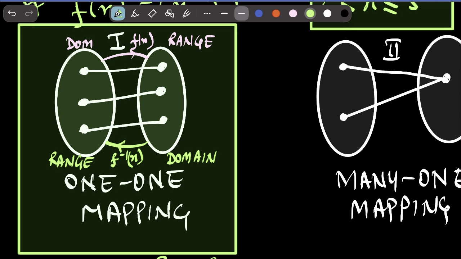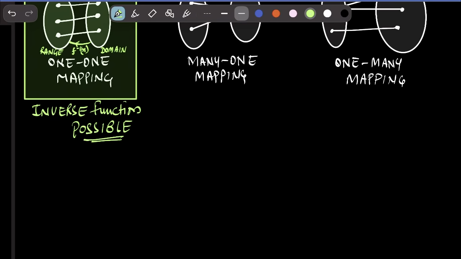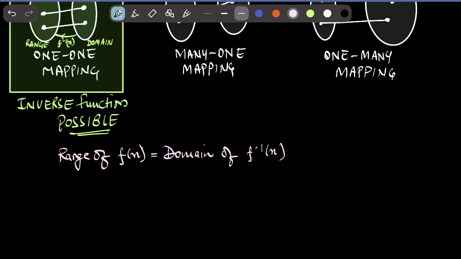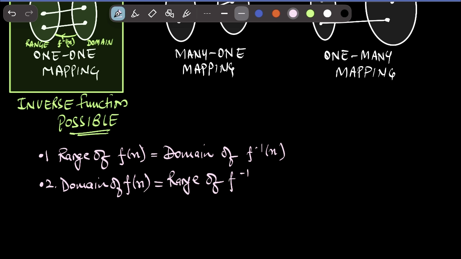I am writing this particular thing again just below this, so I can easily say that range of f of x is actually equal to domain of f inverse x. This is your point number 1. And point number 2, the domain of f of x is actually equals to range of f inverse x.